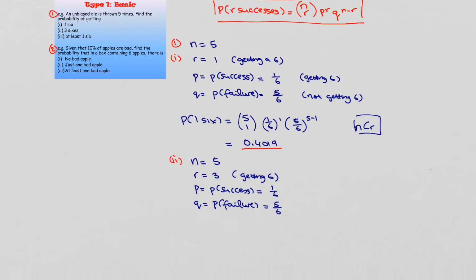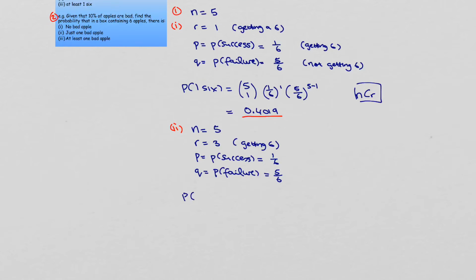So of course, if we want the probability of getting three 6s in the 5 throws, then it's n choose r, so that's 5 choose 3, p, which is 1/6, to the power of r, which is 3, times 5/6, the probability of failure, to the power of n minus r, so that's 5 minus 3. So again, if we put that into our calculator, we end up with 0.0322.